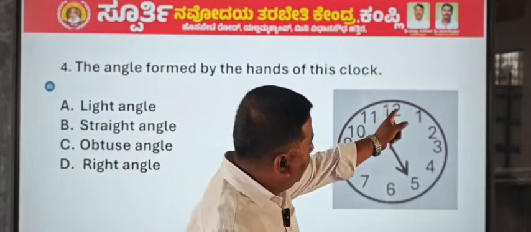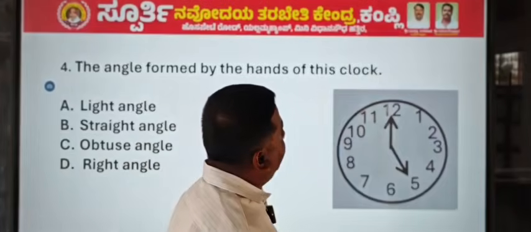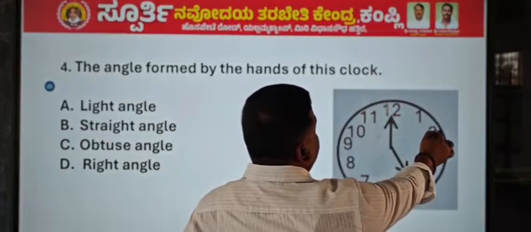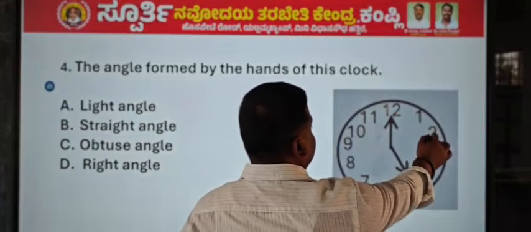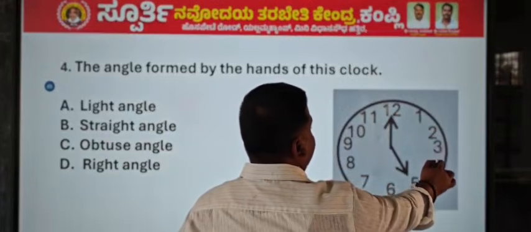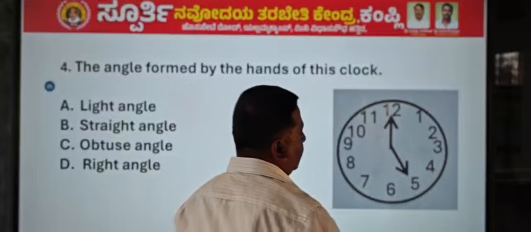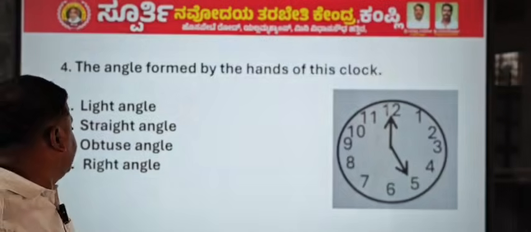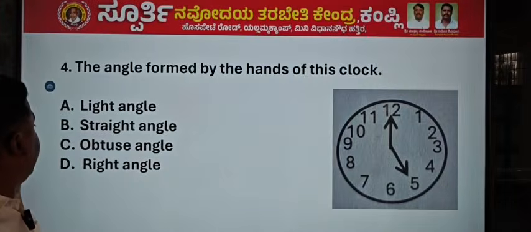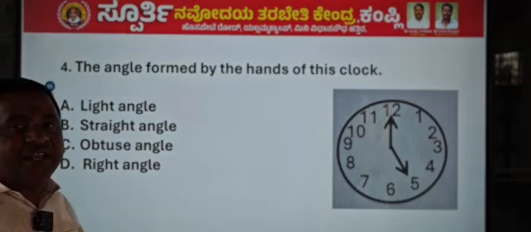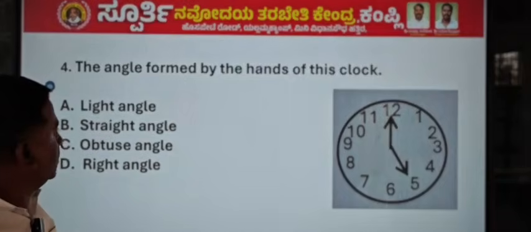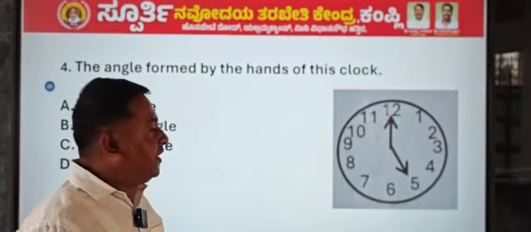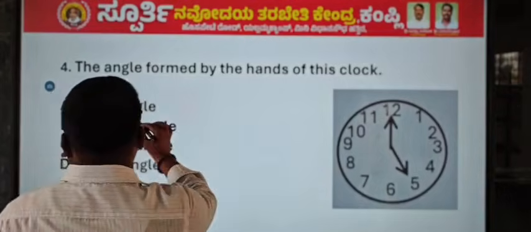From one minute end it is 15 degrees. 15 plus 15, 30. 30 plus 30, 60. 60 plus 30, 90. 90 plus 30, 120. 120 plus 30, 150. 150 degrees is an obtuse angle, because it is greater than 90 and less than 180 degrees. Therefore, it is an obtuse angle.